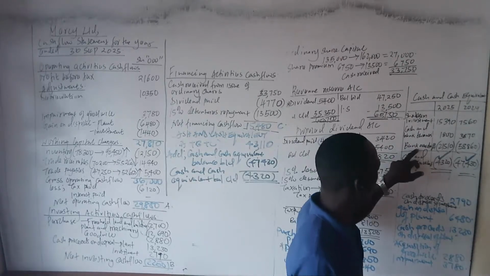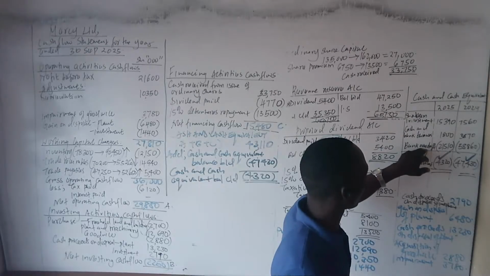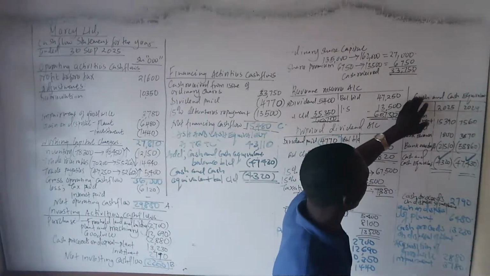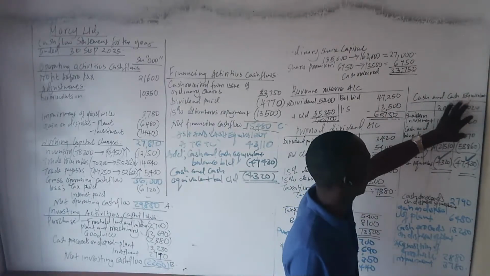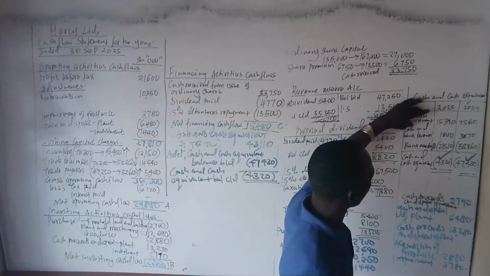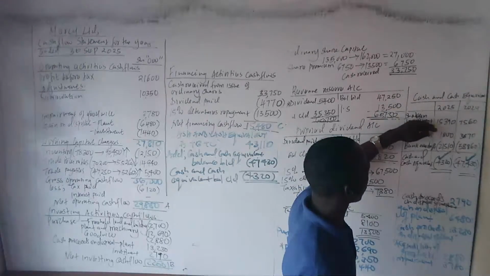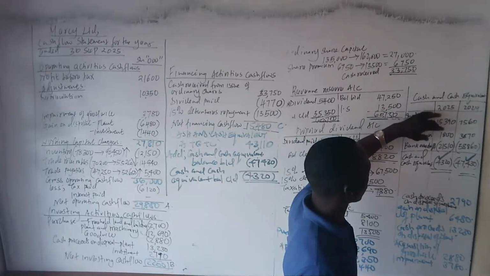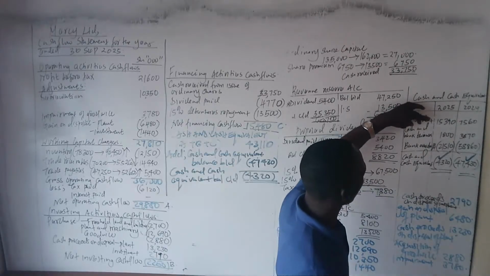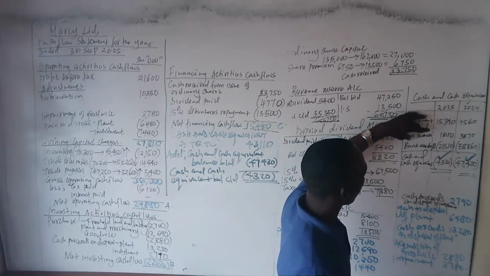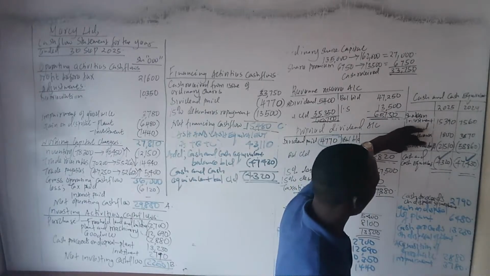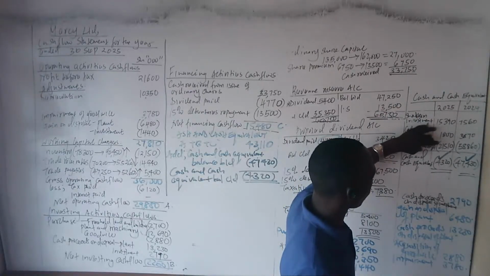And also we have the bank overdraft. So cash and cash equivalent is made up of three items. That is the short-term investment, which is a short-term financial asset, then cash and bank balances, and then the bank overdraft.